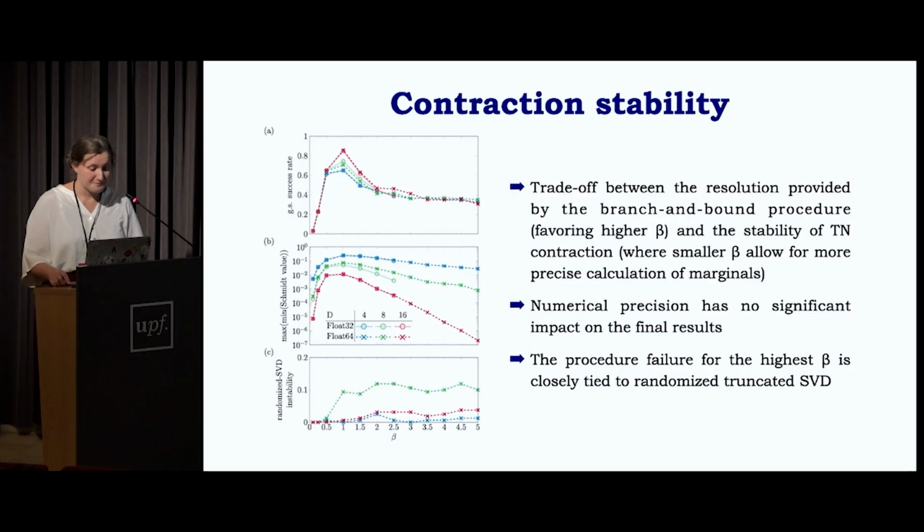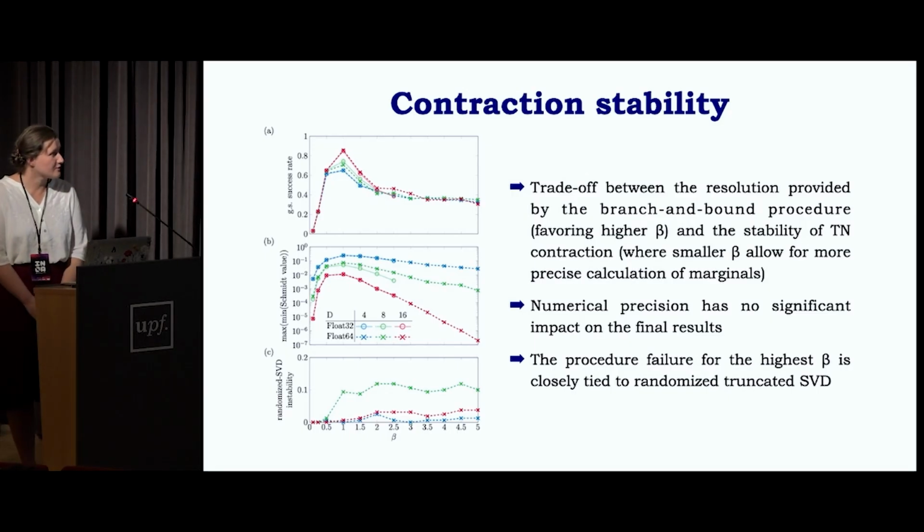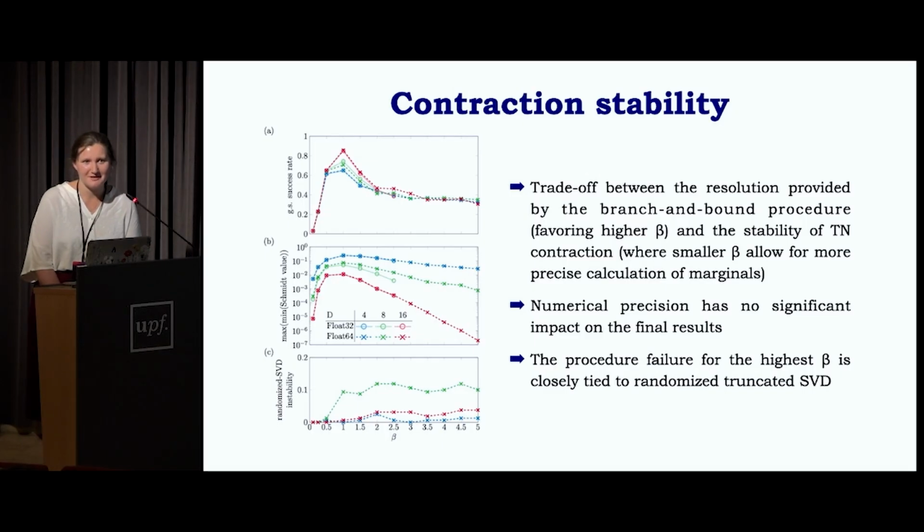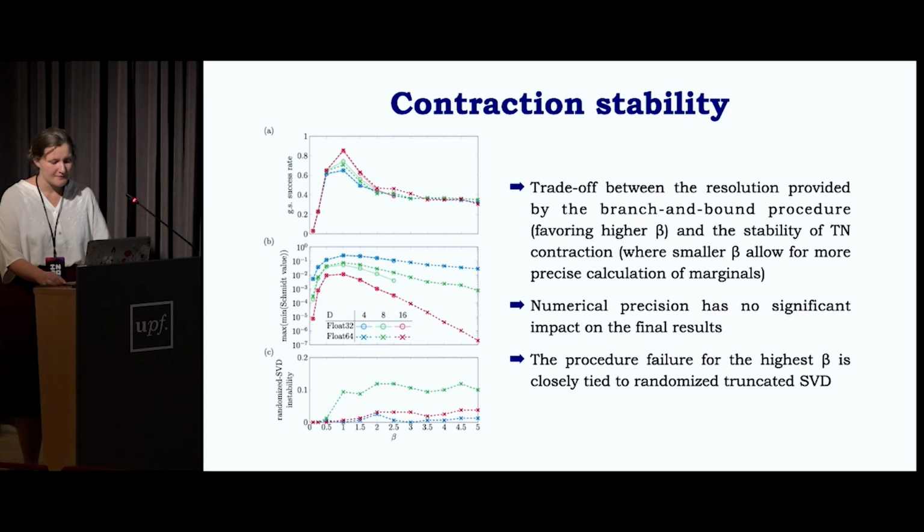And then panel C shows the algorithm instability, because sometimes different runs produce different outcomes. And it shouldn't be the case because, as I said, our algorithm is deterministic. So every run of the algorithm should give us the same outcome. And sometimes it doesn't.